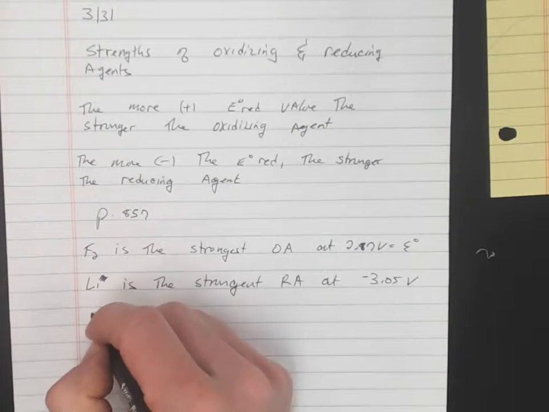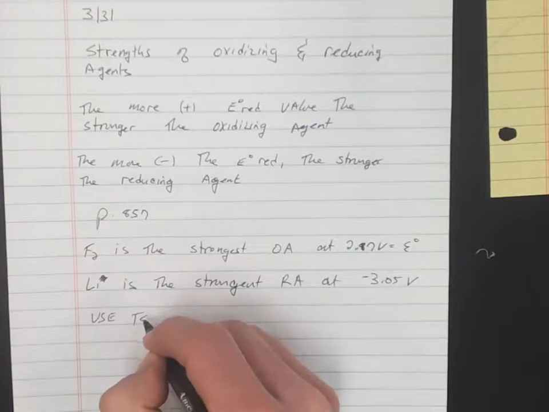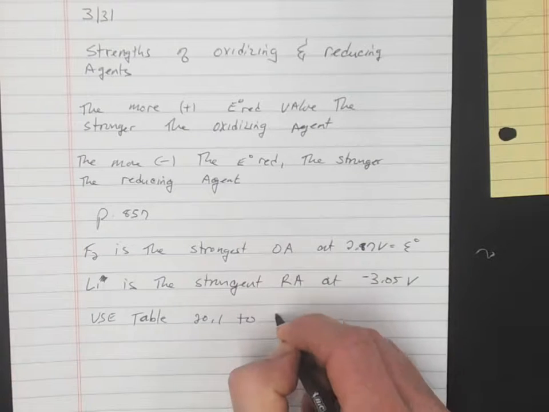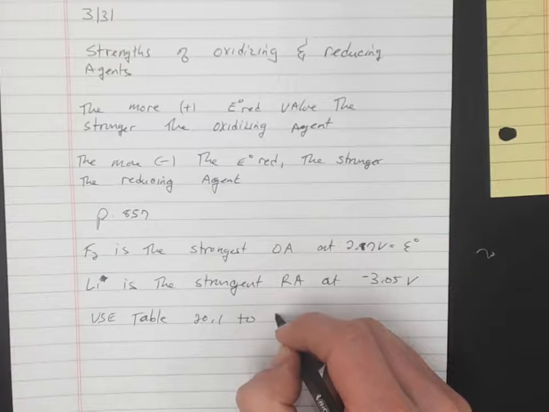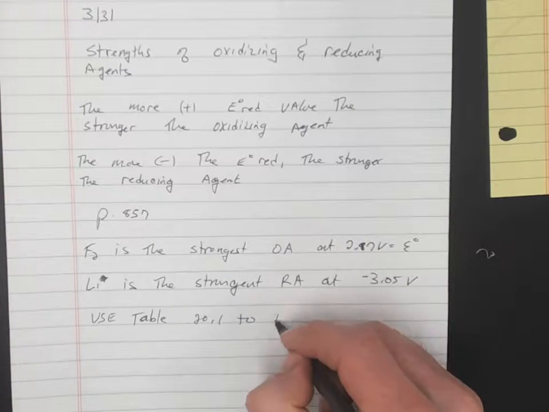So if we said here, use table 20.1 to rank the following in terms of increasing oxidizing agent strength.